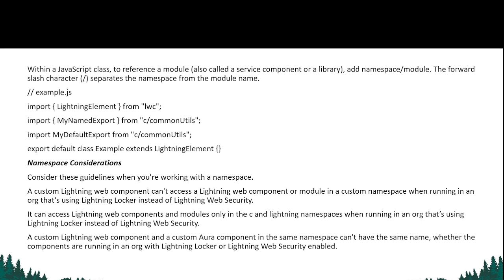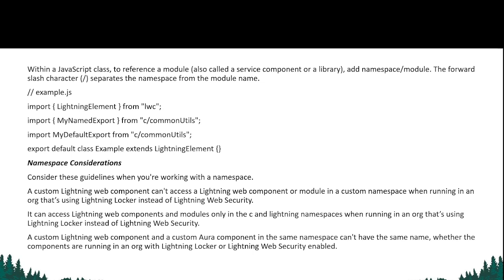Then I am writing import myName export from c/commonUtilities, that is utils, and then I'm importing my default export from c/commonUtils, and then I'm exporting the default class that is extending the LightningElement. Now I have the different namespace considerations.